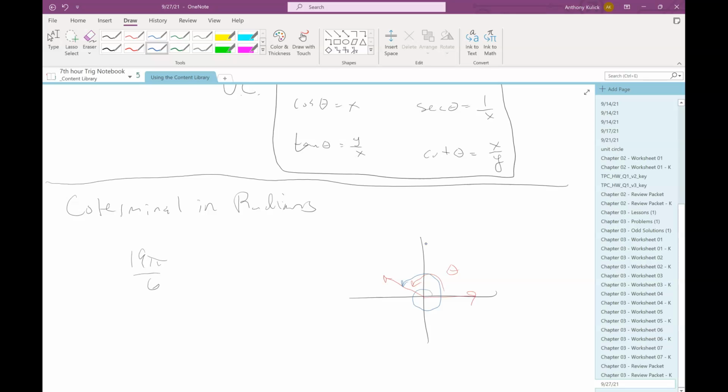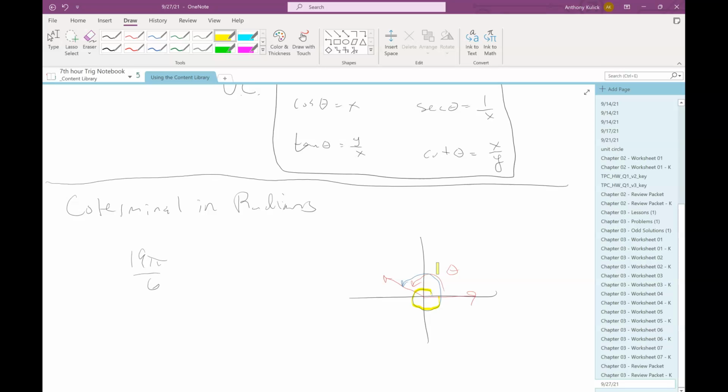The difference between the blue angle and the red angle is that the blue just has an extra full rotation before it does whatever the red angle was. Does that make sense? A full rotation in degrees is 360 degrees. A full rotation in radians is 2 pi radians.